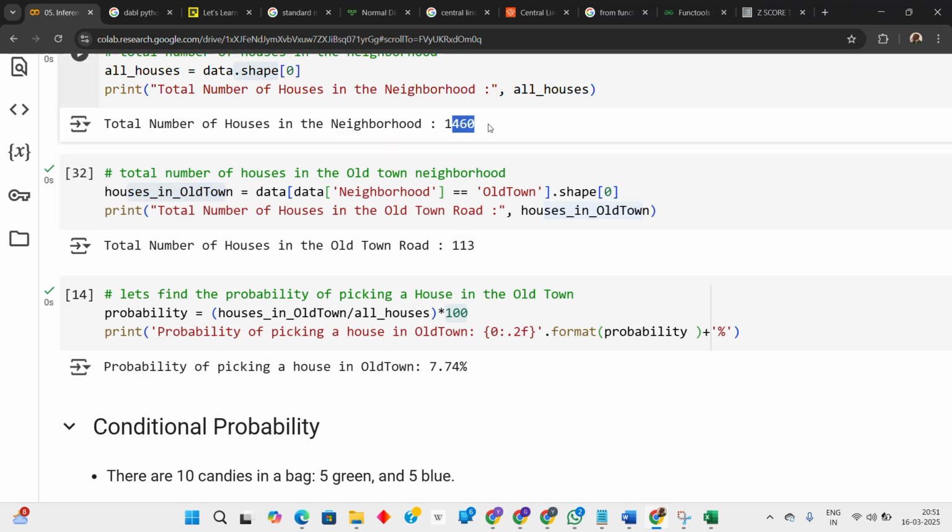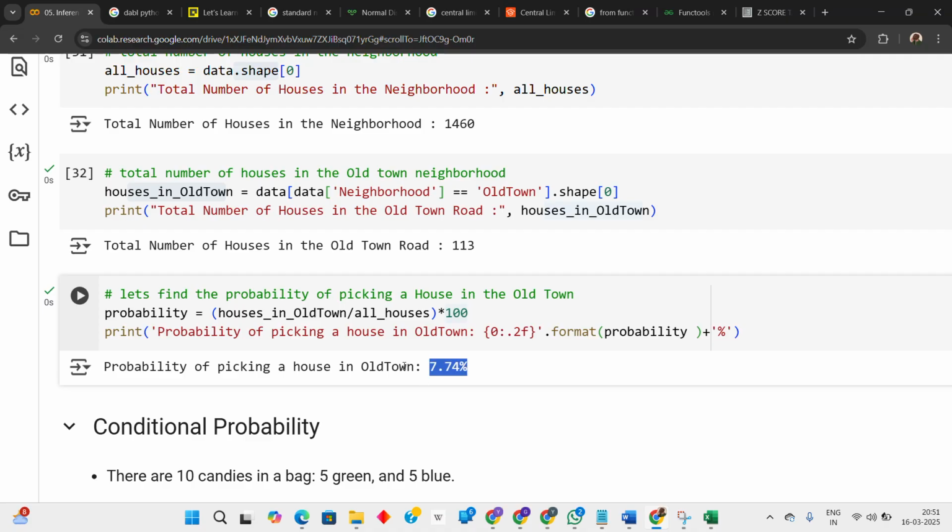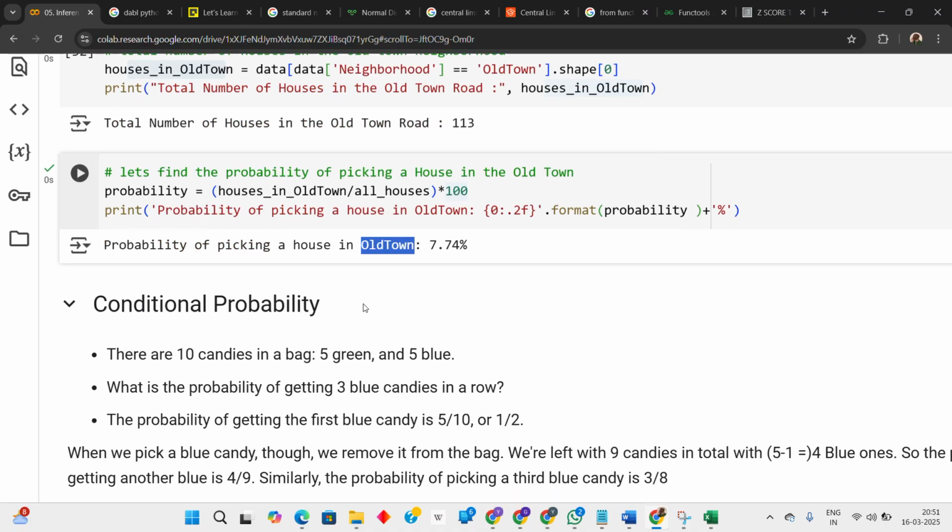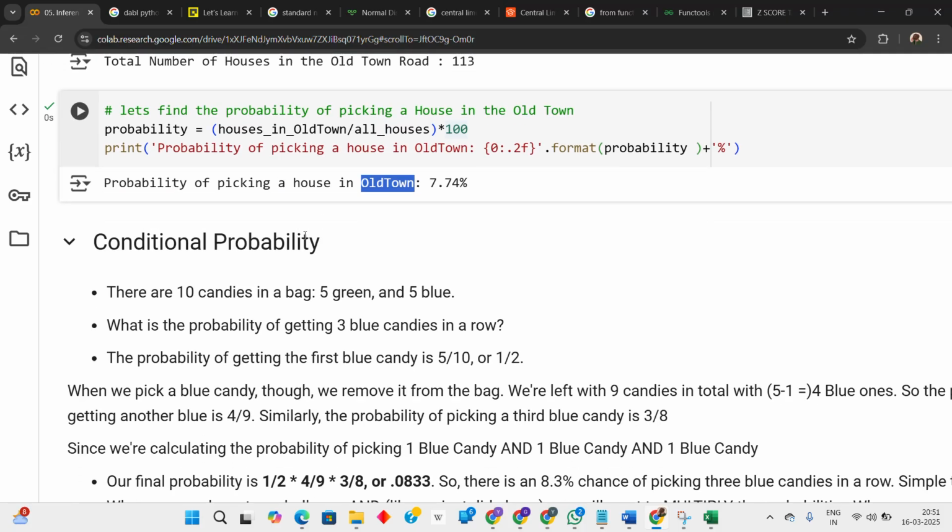Total there are 1460. 113 by 1460 will give you about 0.077, and if you multiply by 100, that will give you the probability. That means there is a 7.74 percent chance to pick a house in Old Town. Is this clear? A real practical thing, in what way you can implement simple probability.